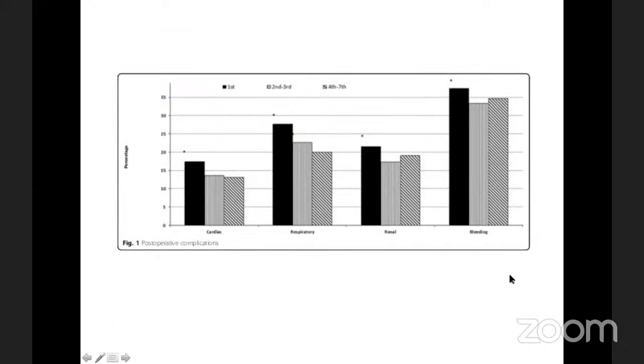They found that complications in the first group, operated within 24 hours, were higher in terms of cardiac, respiratory, renal, and even bleeding complications. Between group B and group C, from the 2nd day up to the 7th day, there was no significant difference.